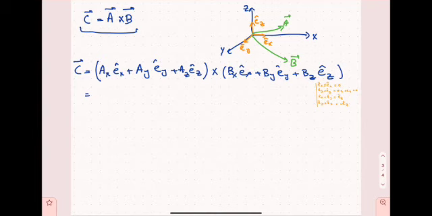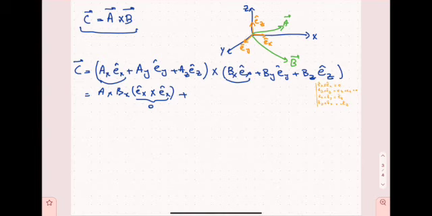So for example, if I start from here, and then I distribute it to the others, the first two, this would be A_x B_x and then e_x cross product e_x, plus the rest of the components. And this we already know it is 0.